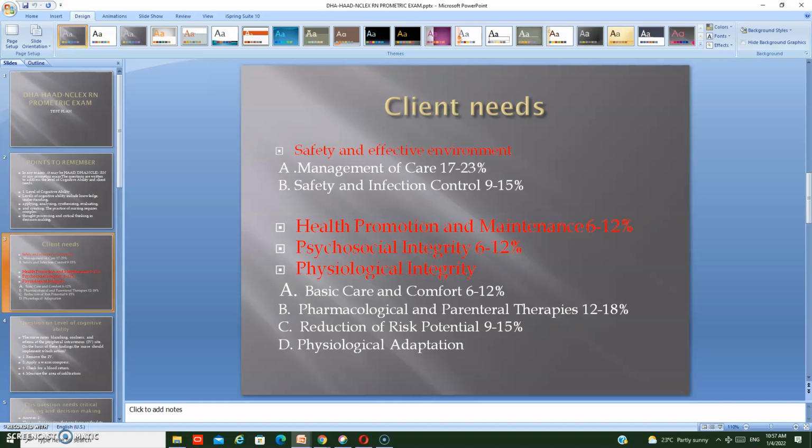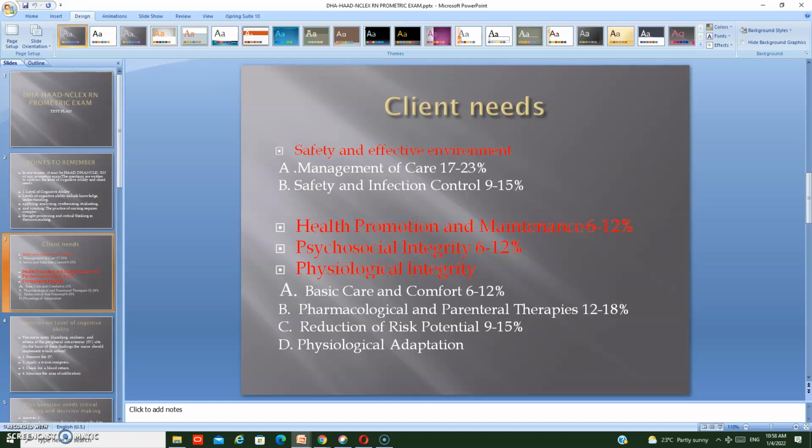In physiological integrity, there are four subcategories: basic care and comfort, 6 to 12 percent; pharmacological and parenteral therapies, 12 to 18 percent; reduction of risk potential, 9 to 15 percent; and the last one is physiological adaptation. These criteria are used to construct the questions. Think of this as a syllabus for the exam, the test plan.